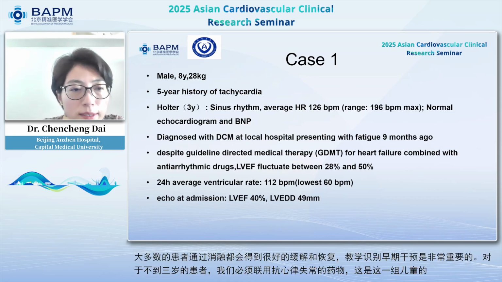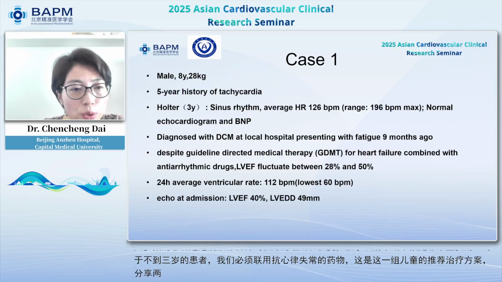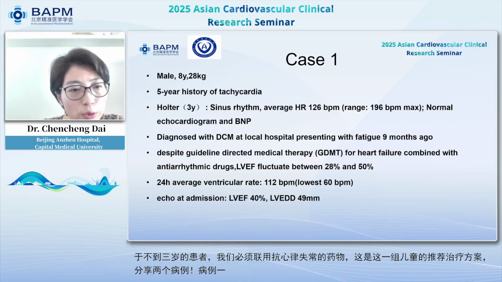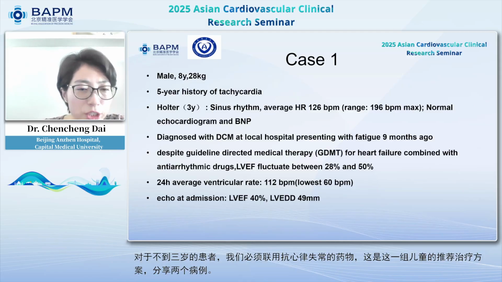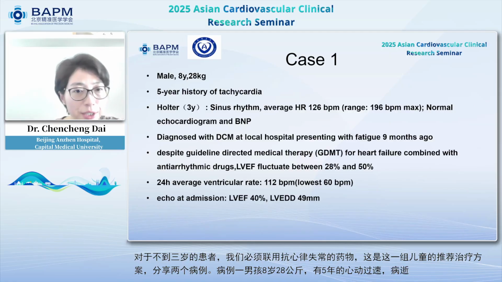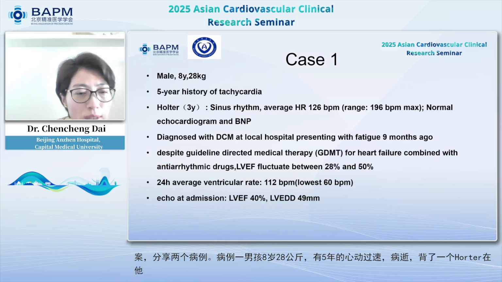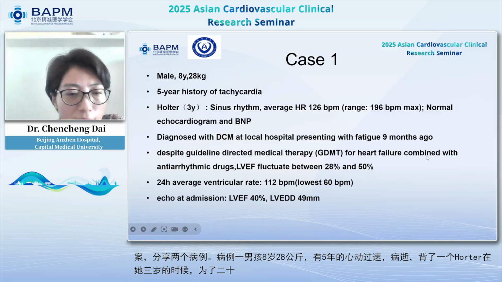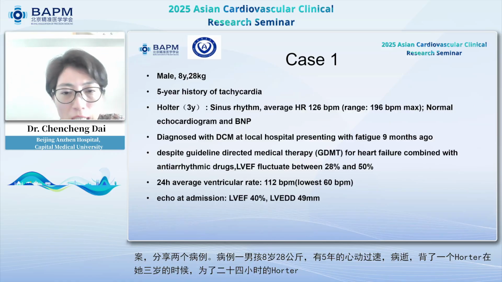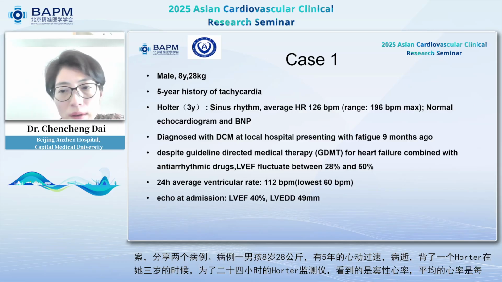Case 1: this is a boy, 8 years old, 28 kilograms. He had a 5-year history of tachycardia. When he was 3 years old, the Holter showed sinus rhythm, average heart rate 126 BPM.